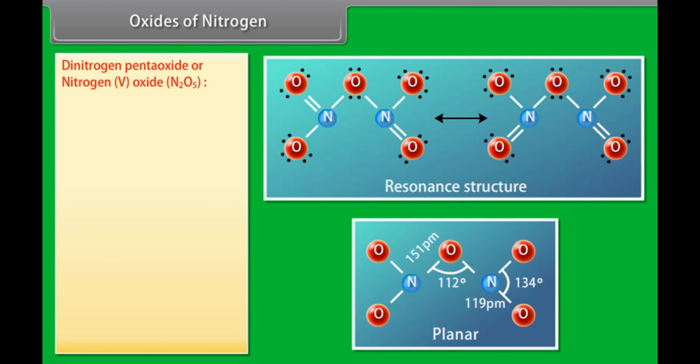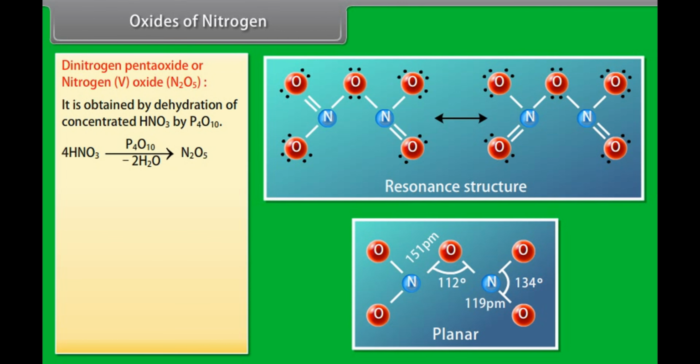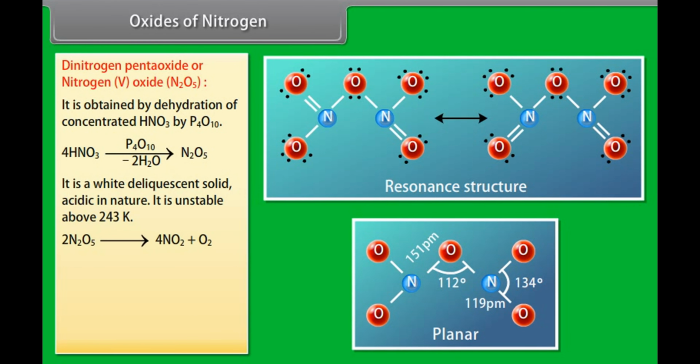Dinitrogen pentoxide or nitrogen 5 oxide. It is obtained by dehydration of concentrated HNO3 by P4O10. It is a white deliquescent solid, acidic in nature. It is unstable above 243 Kelvin.